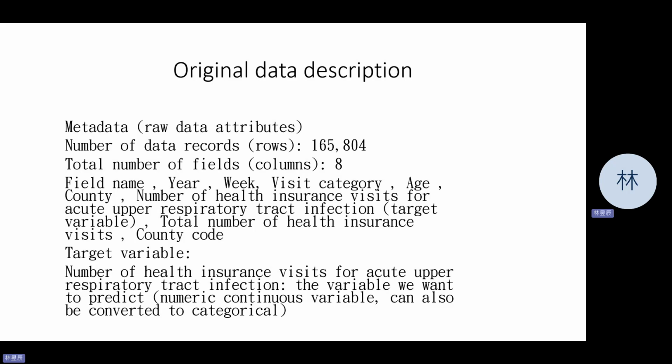The target variable is number of health insurance visits for acute upper respiratory tract infection. The variable we want to predict is a numeric continuous variable, which can also be converted to categorical.